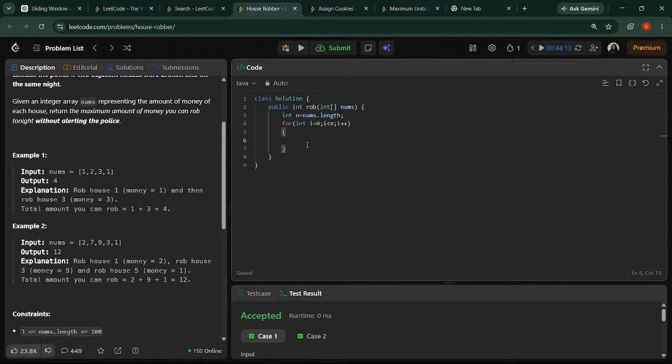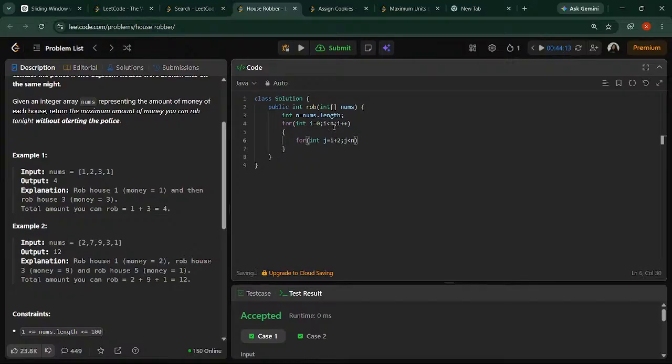You can just start with i equal to, then j equal to i plus 2, and j is less than n.